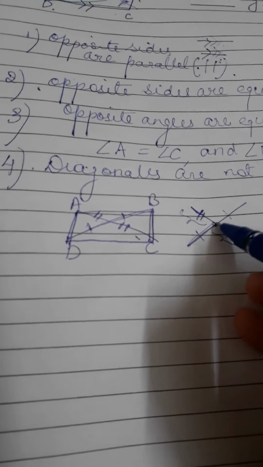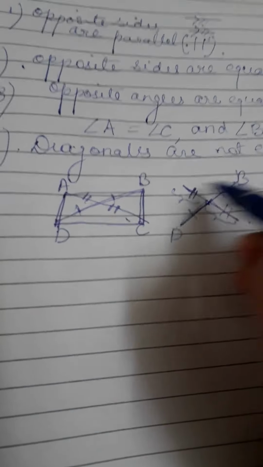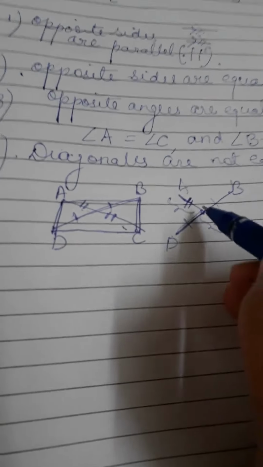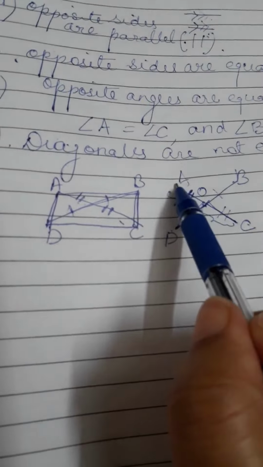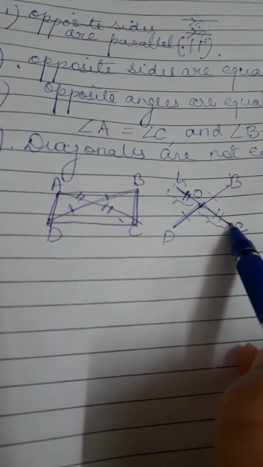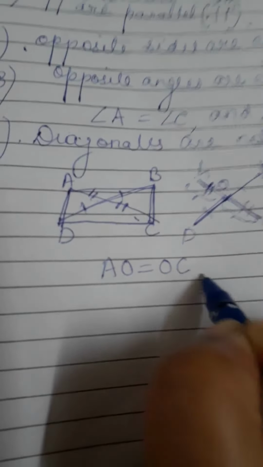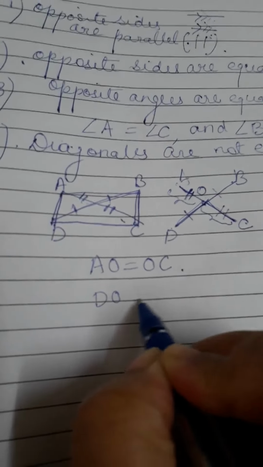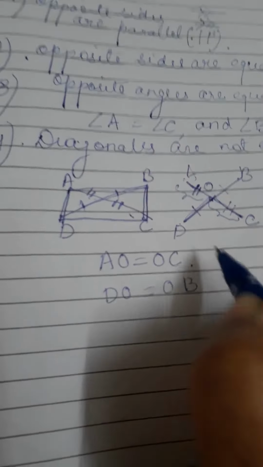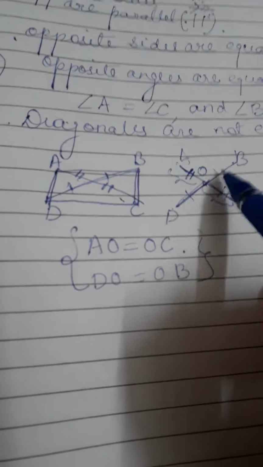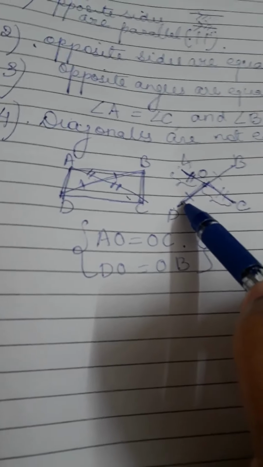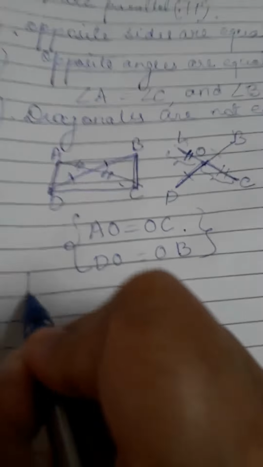So if these are the two diagonals, DB and AC, and let the meeting point be O, then AO is equal to OC and DO is equal to OB. That means the diagonals are cutting each other into two equal parts, okay. Fine. This means diagonals are bisecting each other.